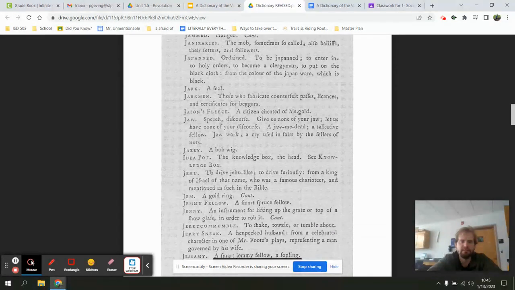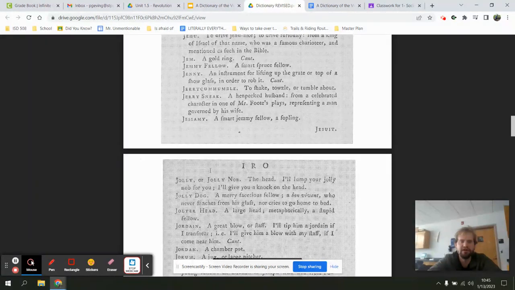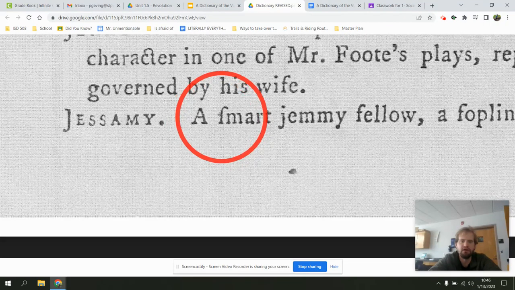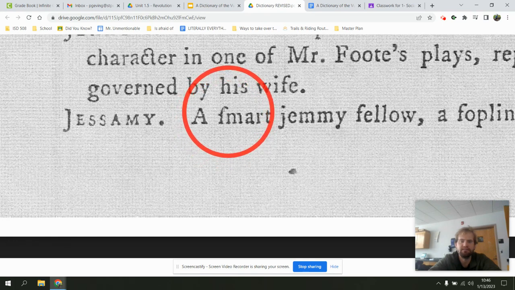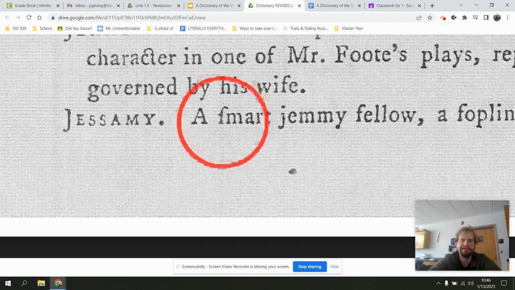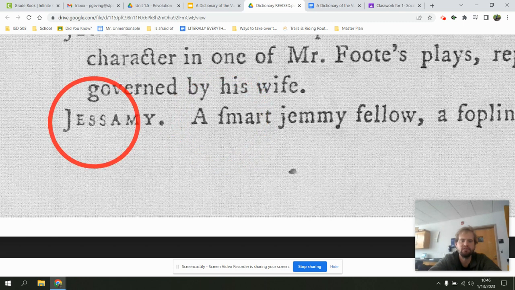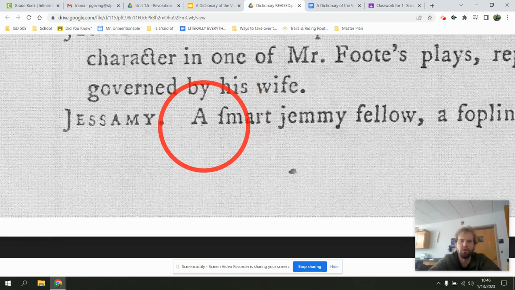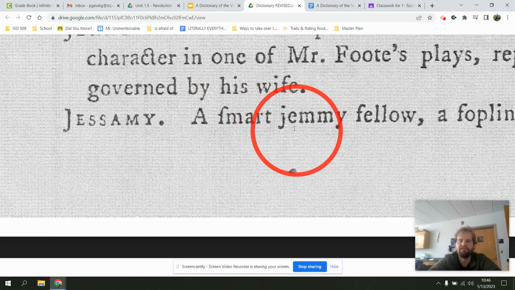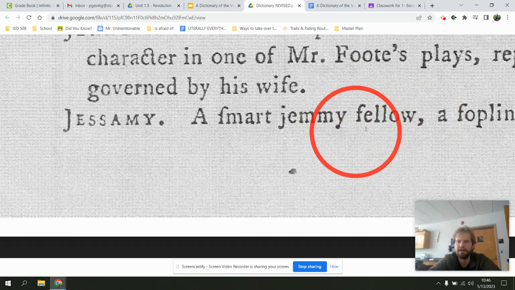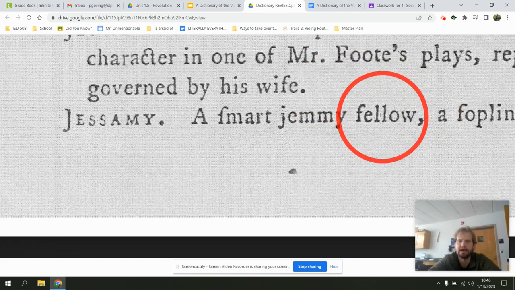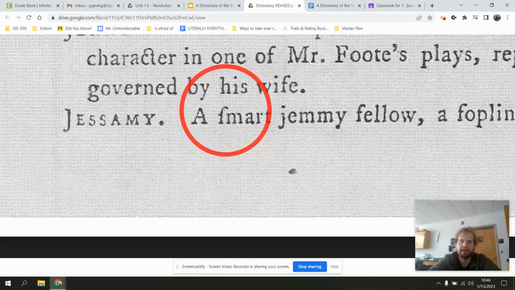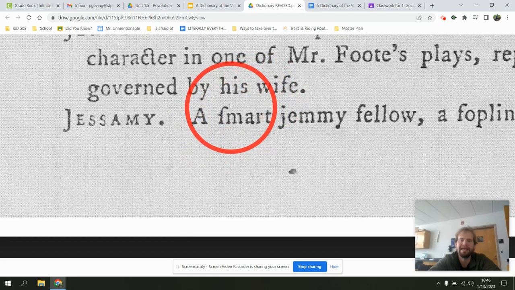We also need to remember that inside of this dictionary, we have the use of our long S. And we know from our Peter Zenger activity that our S isn't always looking as we know it is. Sometimes it looks like an F. I know that there's no word that says a famart, femi, fellow. Fellow is a word. I recognize that. But this long F is an S.